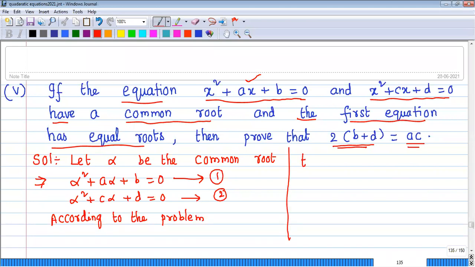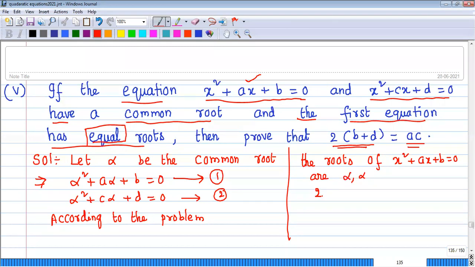Since alpha is the common root, both are equal.